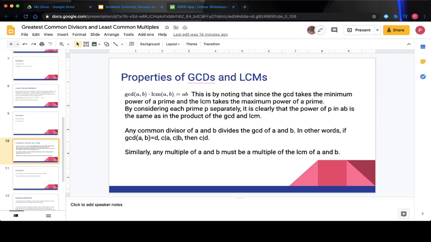Remember, when we found the greatest common divisor, for each prime we took the lower exponent, and for the least common multiple we took the greater exponent. The lower exponent must come from one number, and the higher exponent must come from the other number. So if you multiply the greatest common divisor and least common multiple, you're actually just multiplying the two numbers.